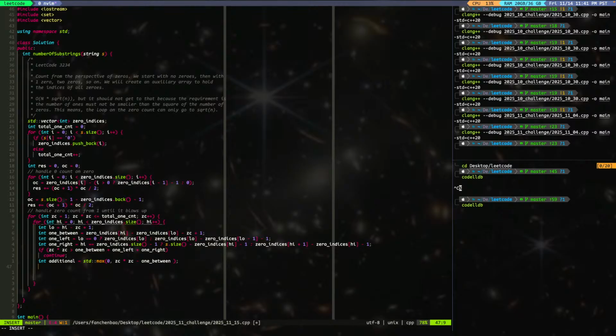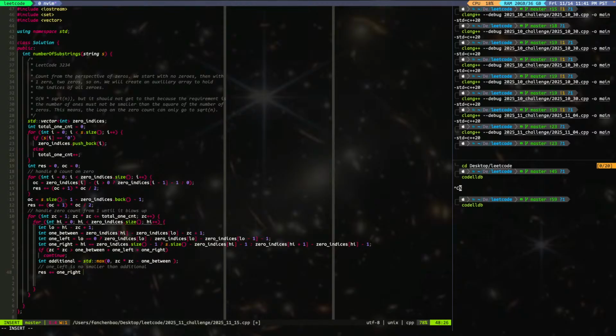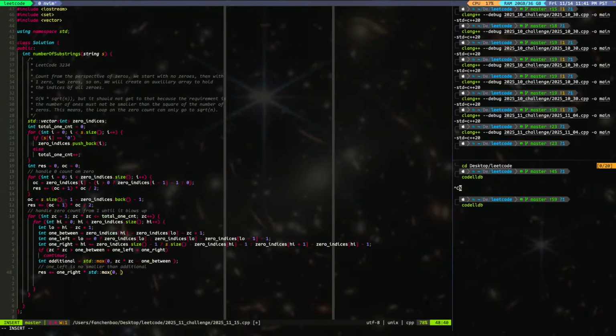Right, so this is a left, one left is no smaller than additional. So res plus equal to, we can do all this multiplied by, can be a max, again 0. So one left, I have one left minus additional.